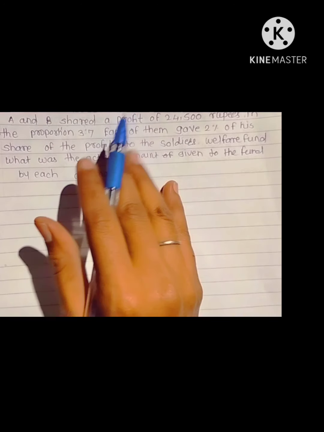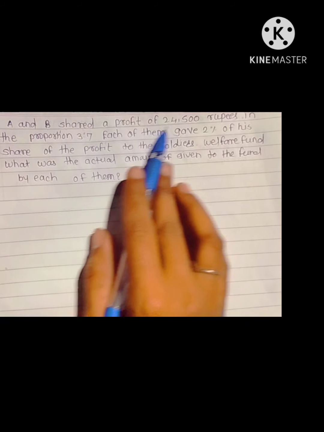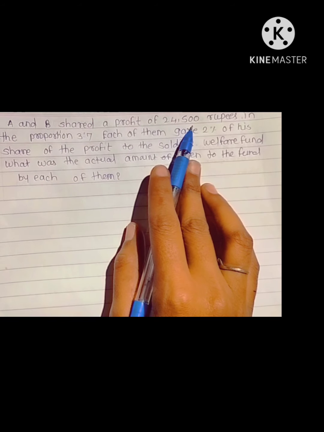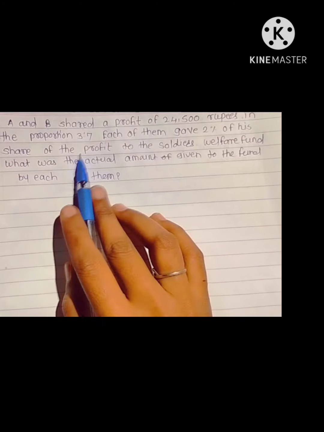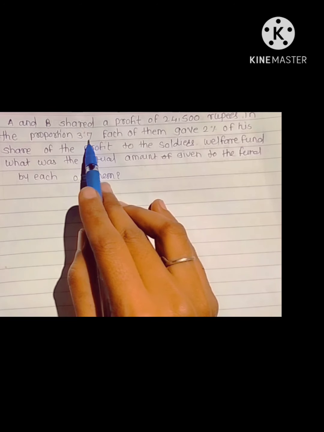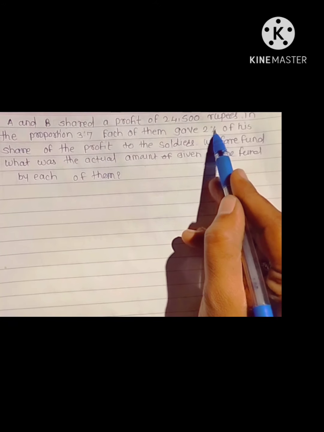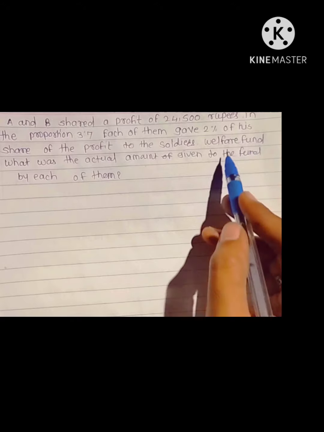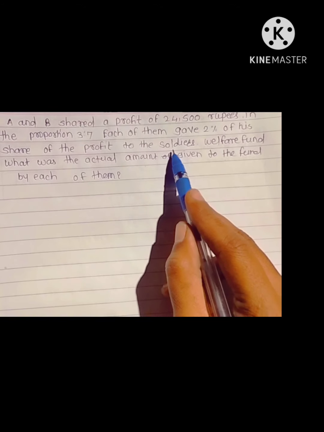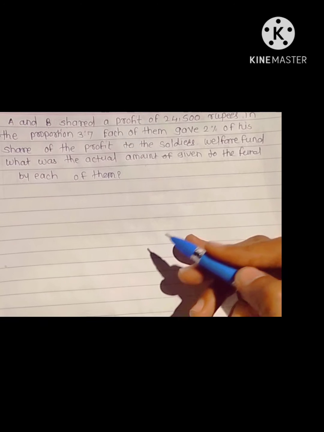We have to find this. Means from the 24,500 rupees, the profit is shared in the proportion 3:7, and after that, 2% of the profit amount is given to the soldiers' welfare fund. So we have to find the actual amount.